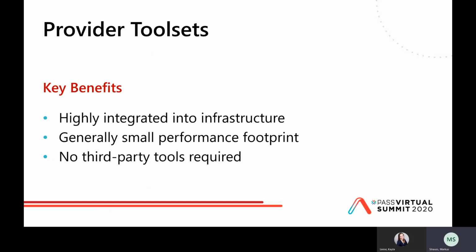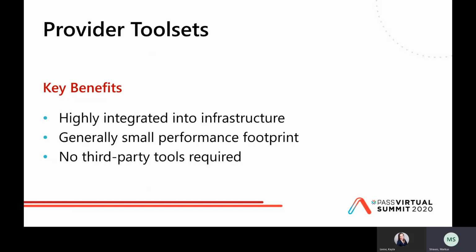In some cases, it's just simply impossible to install an additional component onto something that's provided by AWS or Azure or Google, right? So the fact that the tool sets that the cloud platform providers give us are so highly integrated makes our life a lot easier because we don't have to worry about that anymore. And we know whatever runs there, by and large, runs smoothly in that particular infrastructure, right?